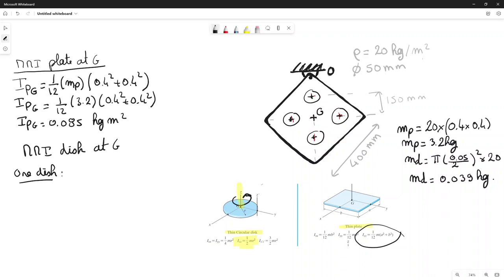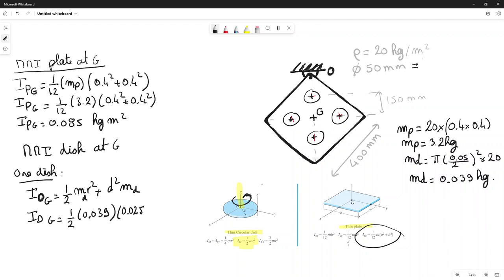So I of the disk at G will be 1 divided by 2 m r squared plus the distance squared times the mass of the disk. The distance is 1.5. So I_dG is equal to 1/2 of the mass, that is 0.039, the radius is 0.025.